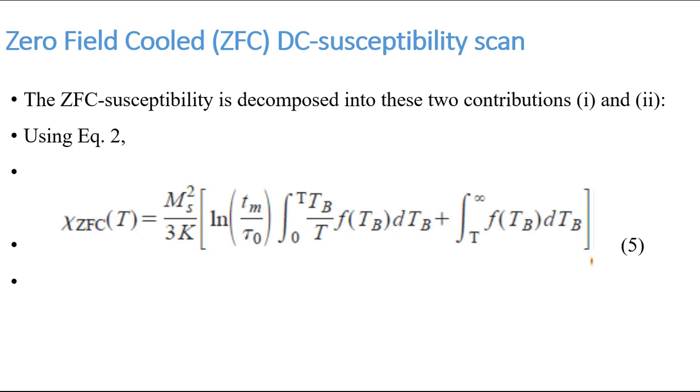So the zero field susceptibility curve can be decomposed into two contributions, for the superparamagnetic and the blocked particles, as written in equation number 5. The first term belongs to the superparamagnetic particles, and the other term is for the blocked particles at the same time.